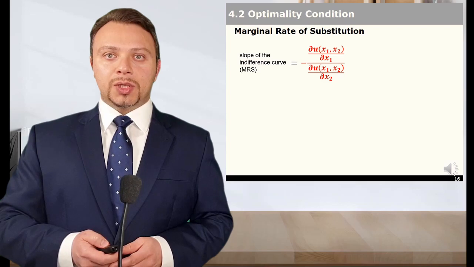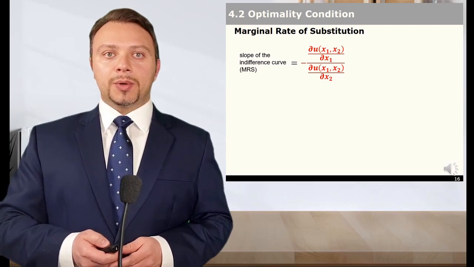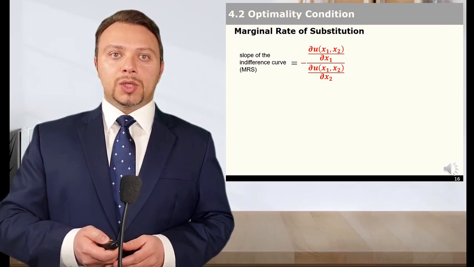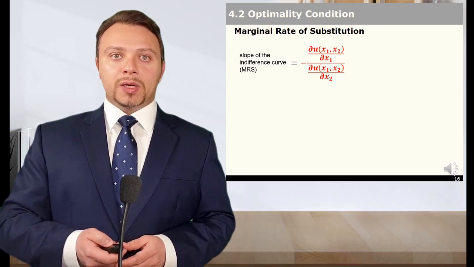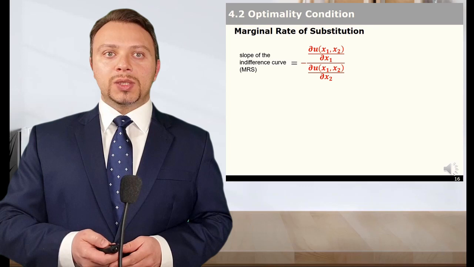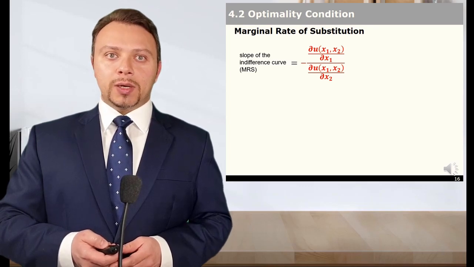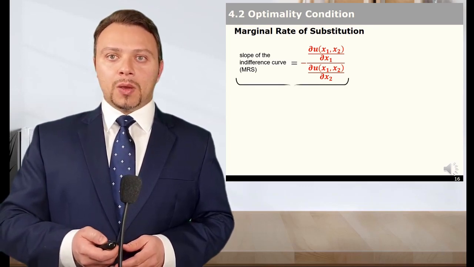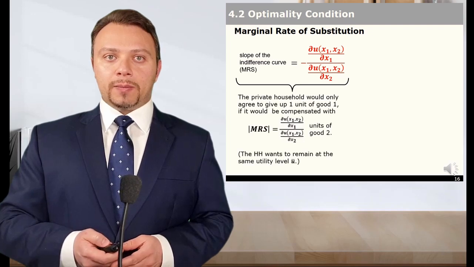The marginal rate of substitution has an economic interpretation. It is the slope of the indifference curve. However, it also tells us by which proportion the household is willing to substitute one good for the other. We can sum it up in the following way.